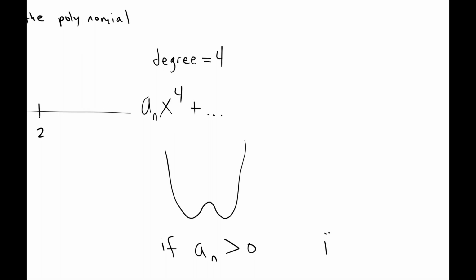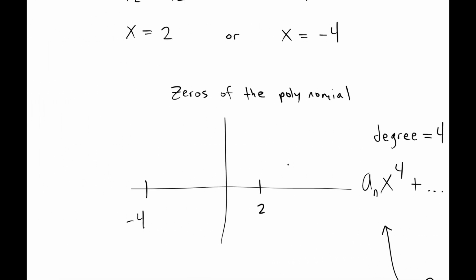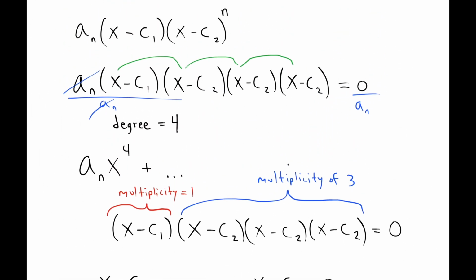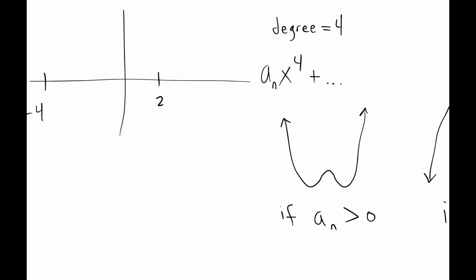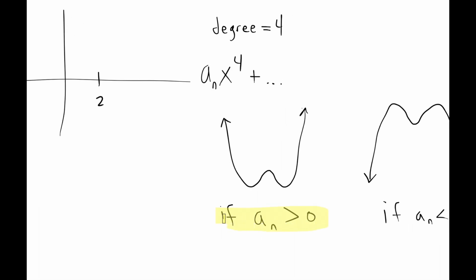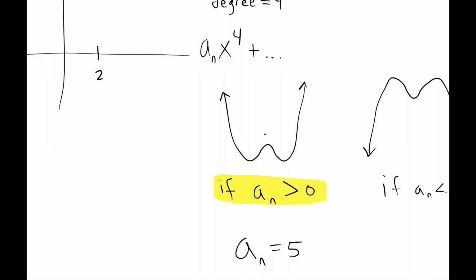If a is less than 0, then we're going to have the opposite. It'll open downward. We want to know the end behavior of the polynomial by looking at the coefficient and the degree. Let's check out the coefficient. It's a positive 5. Our a is 5, so we're going to have this case.